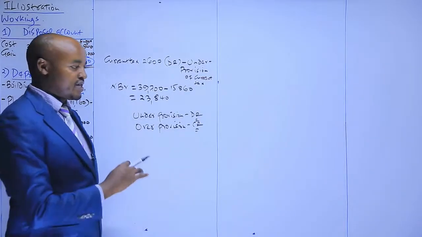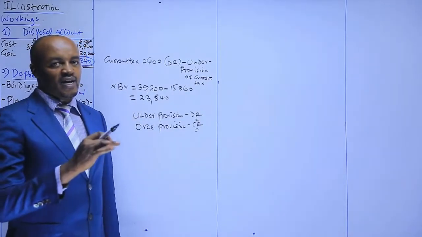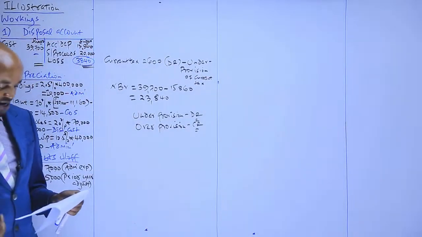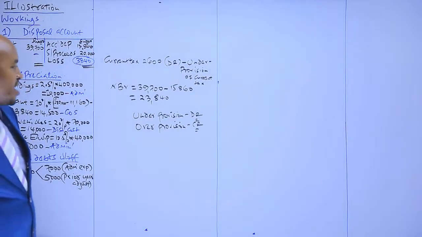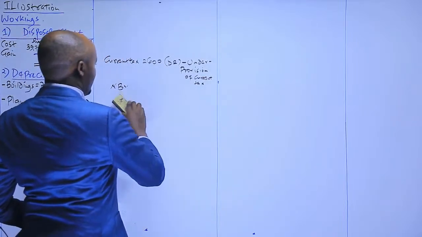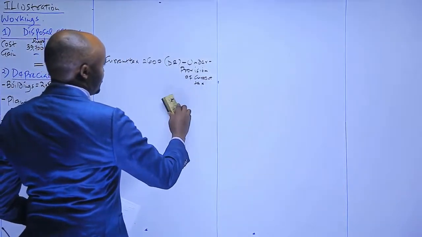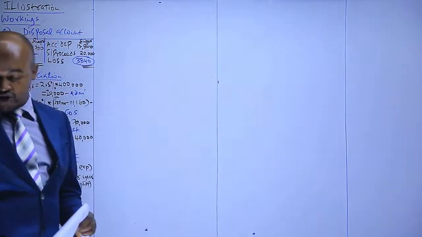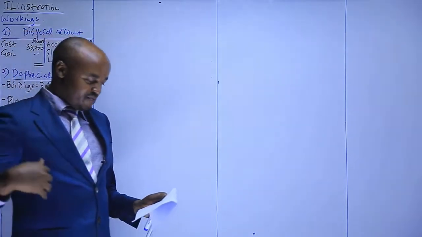It is upon you to know that under provision has a debit balance, and over provision has a credit balance. So therefore, that item which we have is under provision. So how do we treat under provision of current tax from the previous year?